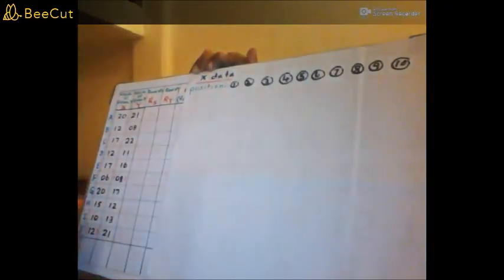If there are 8 students, up to 8. If there are 12 students, you have to put 11, 12. Just number them. The second step, you have to write data.